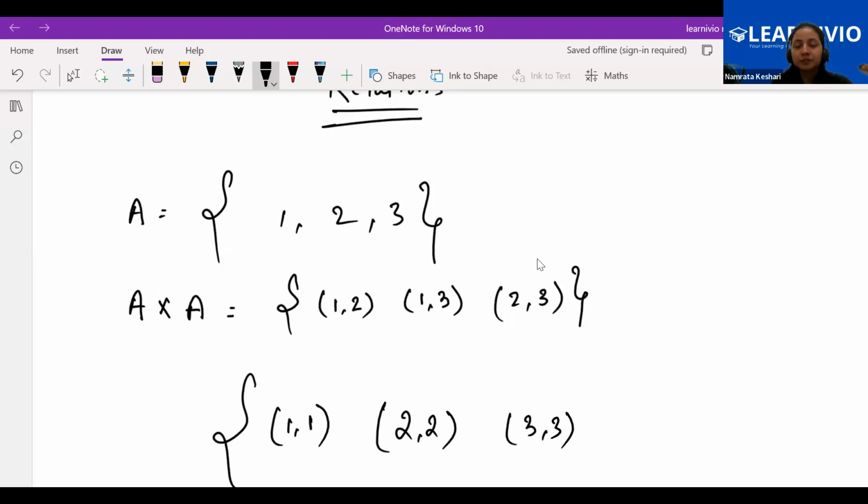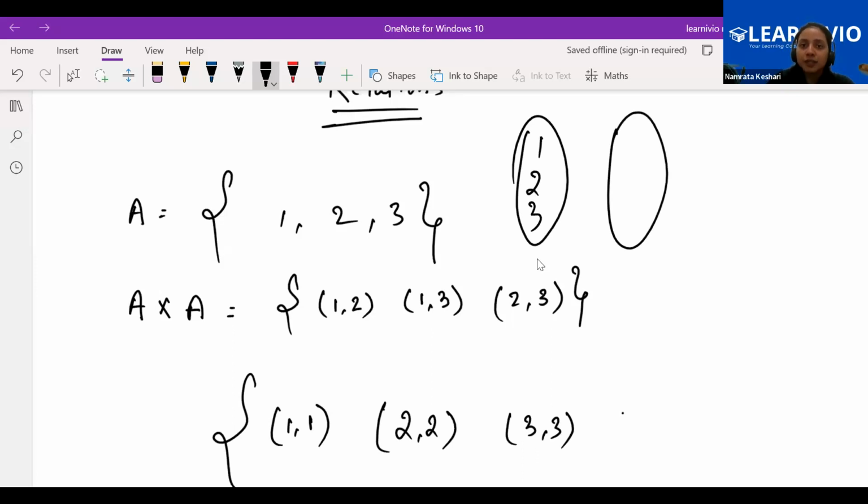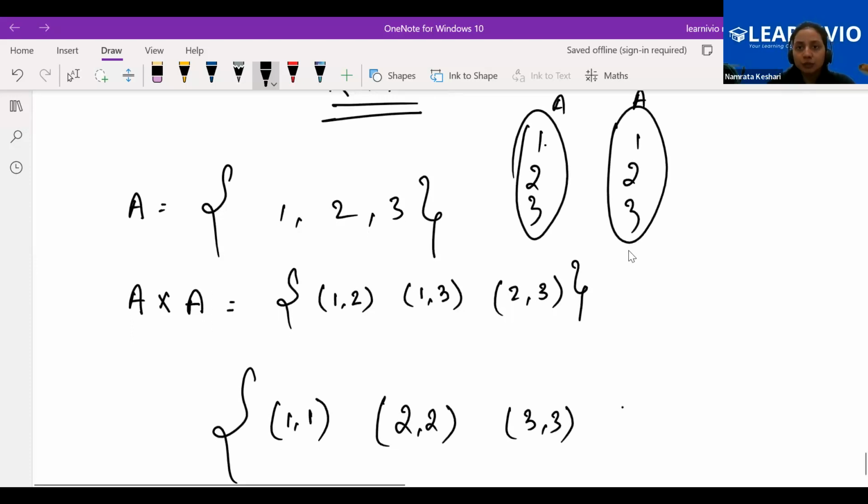Then make the mapping diagram: 1, 2, 3 in A, and again A with 1, 2, 3. Tell me the Cartesian product now properly.